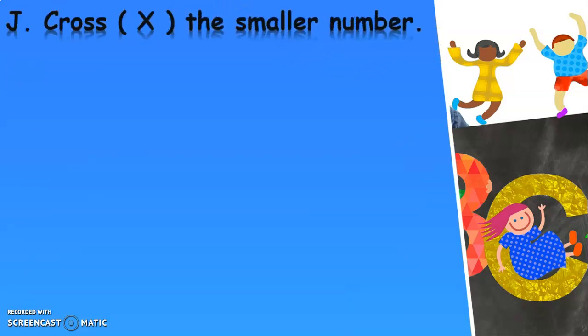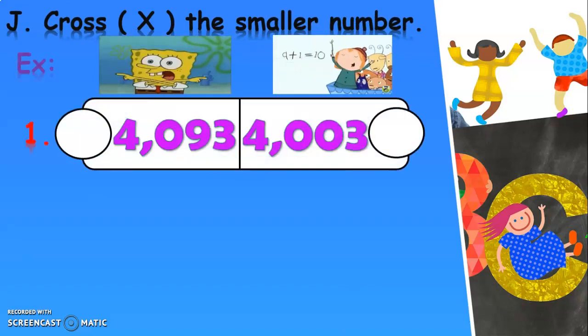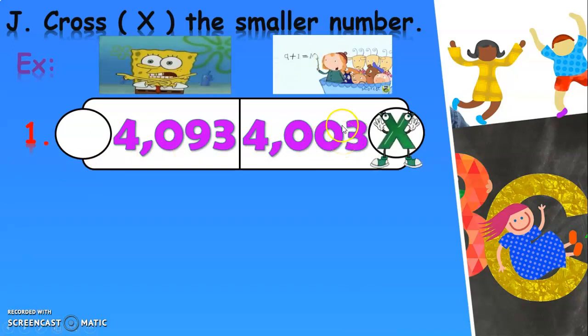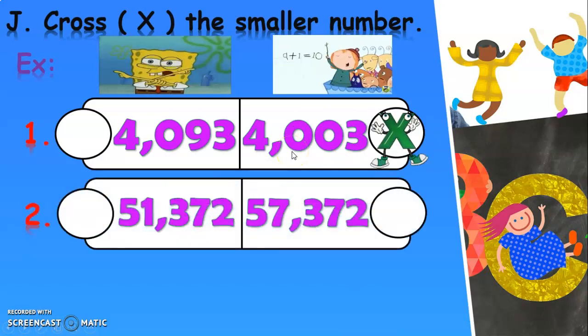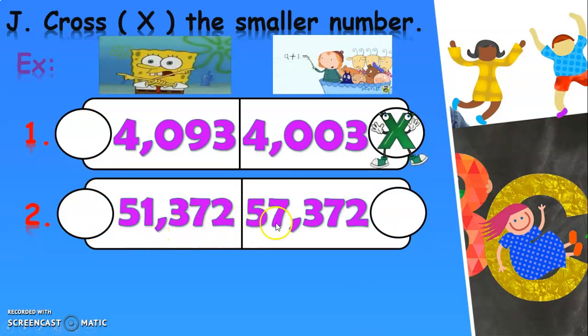Again, for letter J, cross the smaller number. So for number 1, we are comparing 4,093 and 4,003. The smaller number is 4,003. For number 2, we are comparing 51,372 and 57,372.